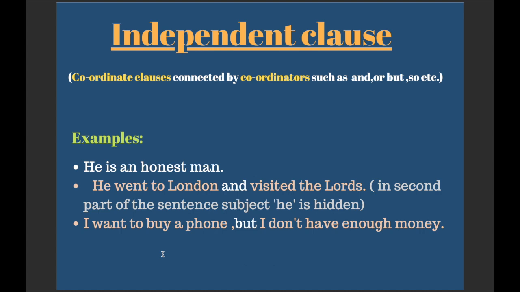Let's try to understand what an independent clause is. Independent clauses, as earlier told, are also known as coordinate clauses. So coordinate clauses are connected by coordinators such as and, or, but, so, etc. Whenever we say coordinate clauses, we should understand that we are talking about independent clauses.